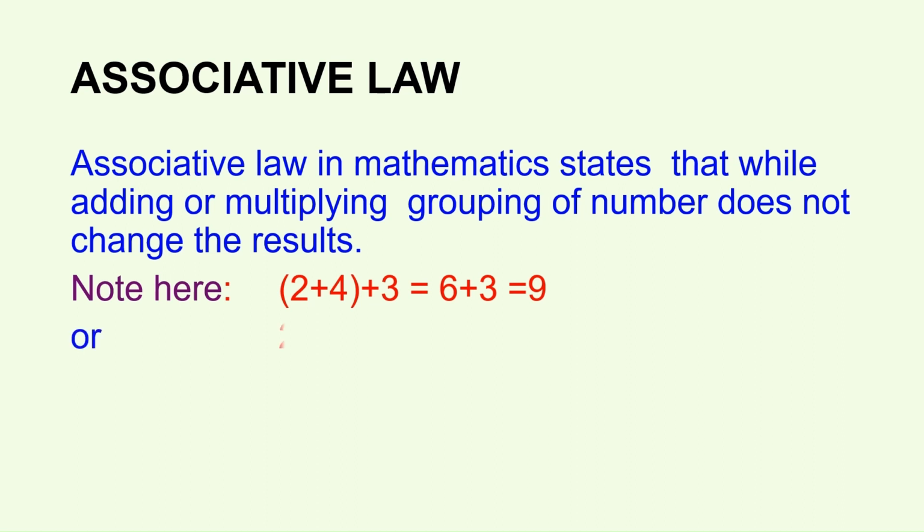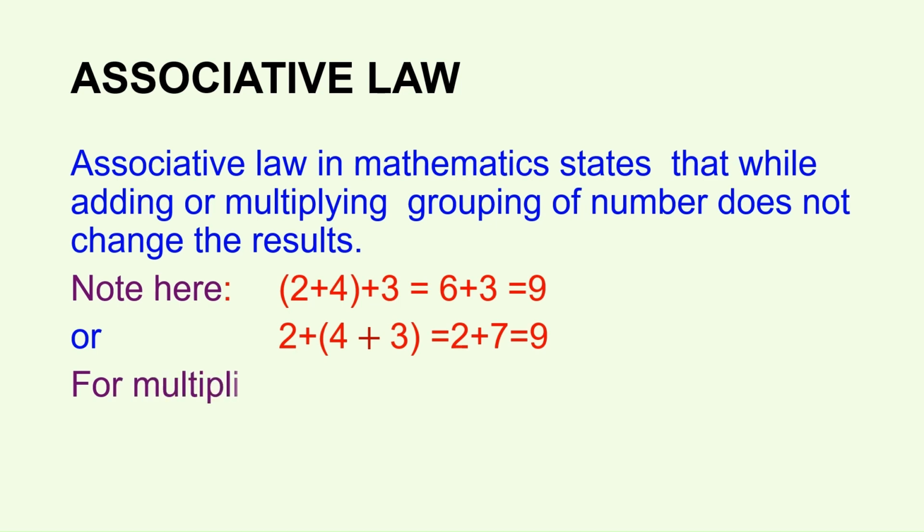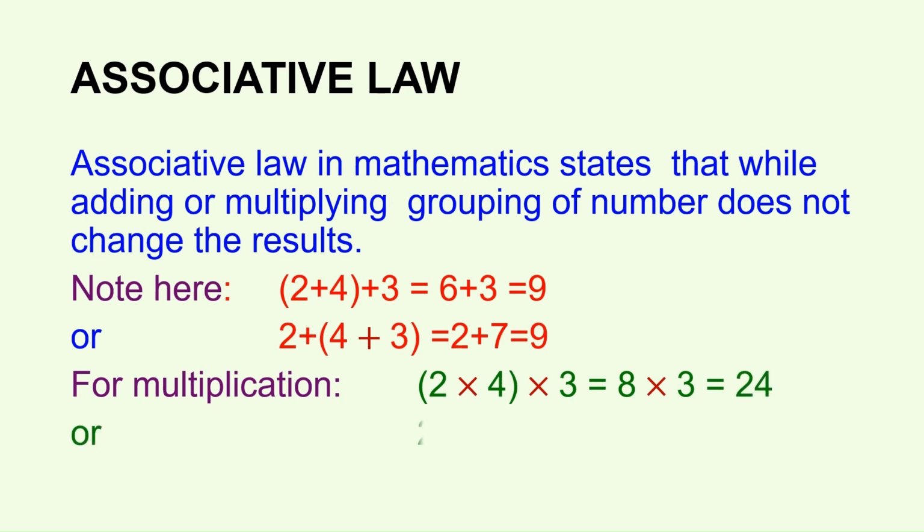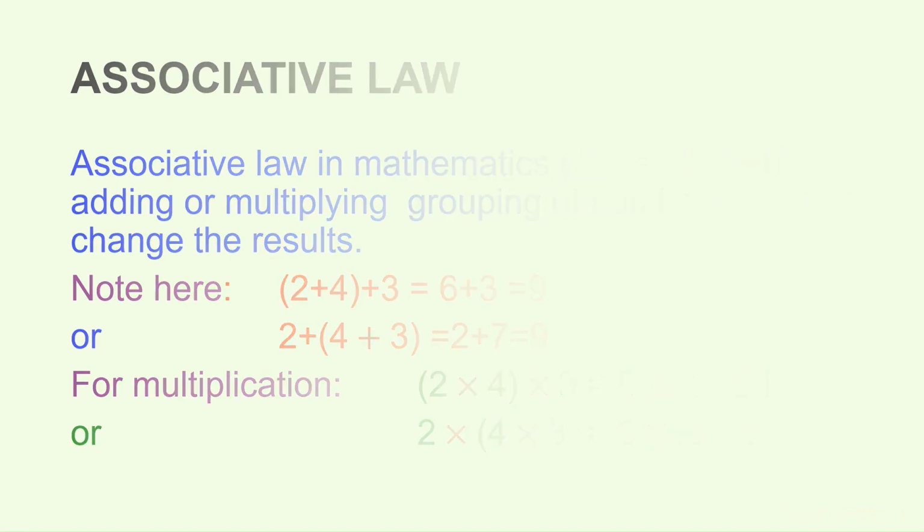Or 2 plus 4 plus 3 equals 2 plus 7 equals 9. For multiplication, 2 times 4 times 3 is equal to 8 times 3 is equal to 24. Or 2 times 4 times 3 is equal to 2 times 12 equals 24.